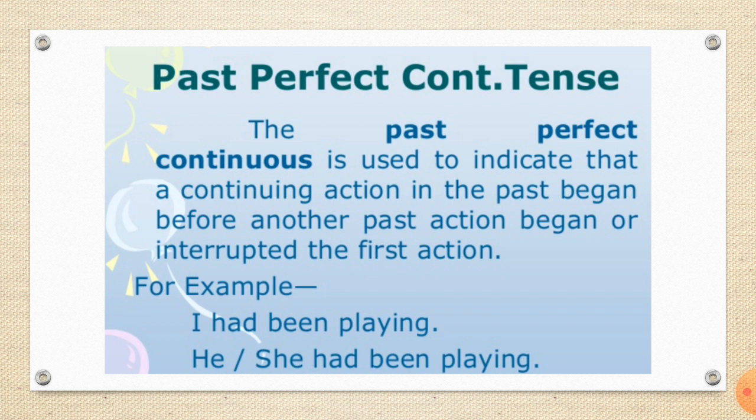It means an action that continued in between any two specific points of time. For example, Kamala had been doing her bachelor's from 1984 to 1987. I had been playing.